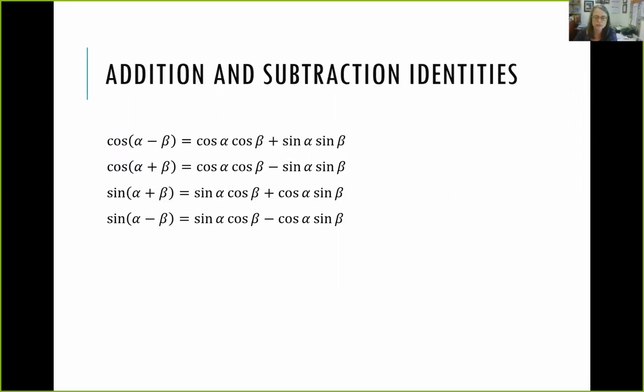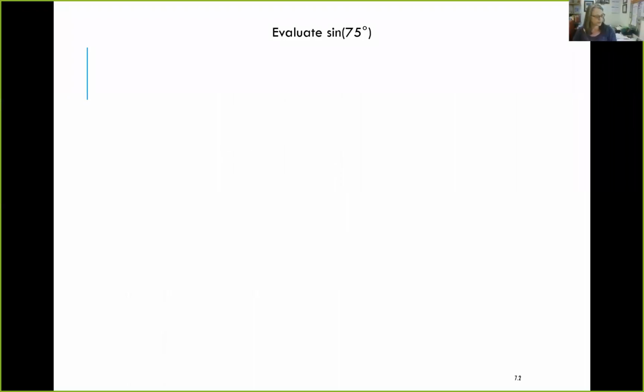So let's take a look at an example. Suppose we want to evaluate the sine of 75 degrees and we don't have our calculator. What can we do? Or we want an exact answer and not a calculator answer. We know that 75 is equal to 45 plus 30, right?